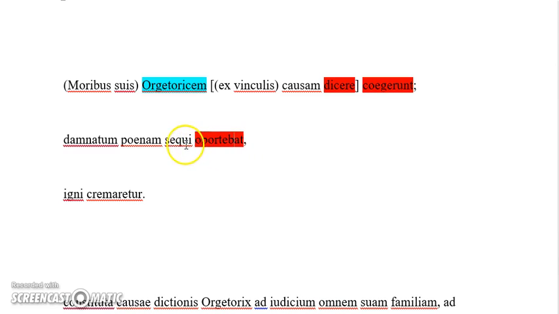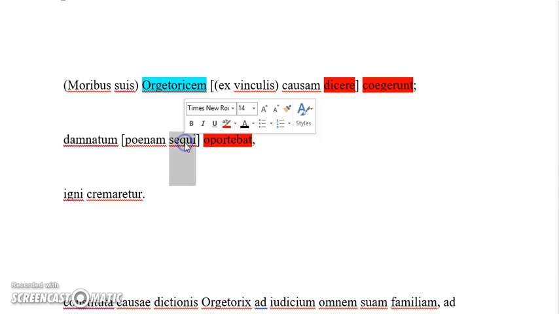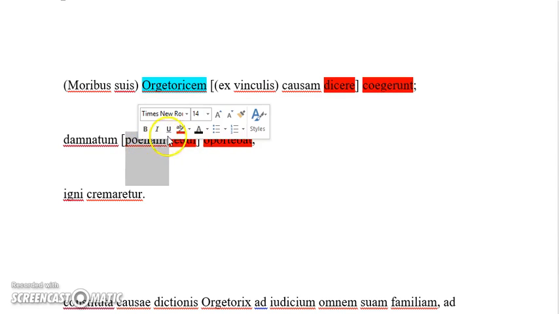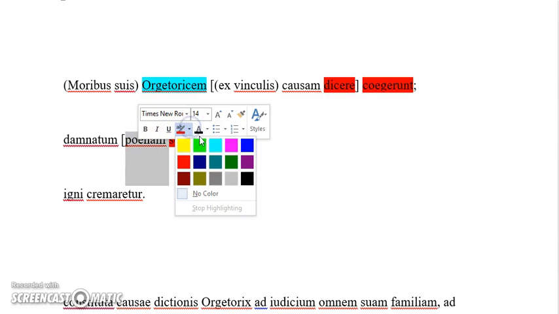It was necessary, and here's what it was necessary to do. Sequi poenam, to follow the punishment. So we say to inflict. Poenam there is your direct object.